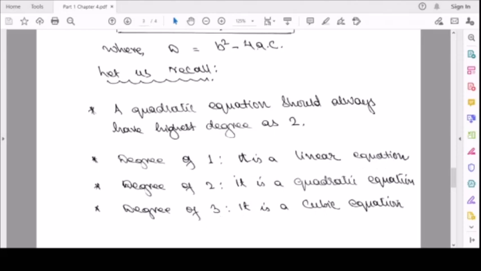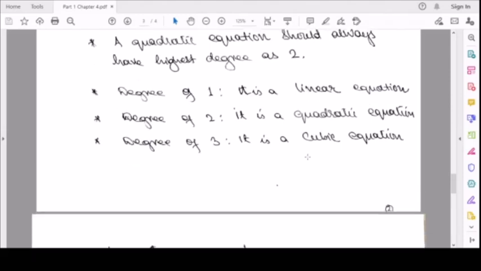If it is 4, it is a biquadratic equation. That means if and only if the degree is 2, it will be called a quadratic equation. If it's less than 2 or more than 2, that will be a different type of equation.